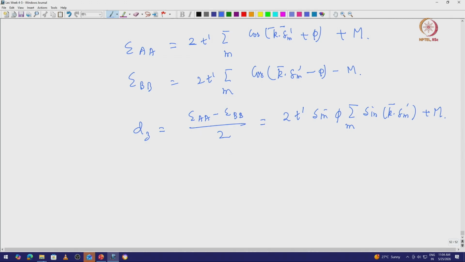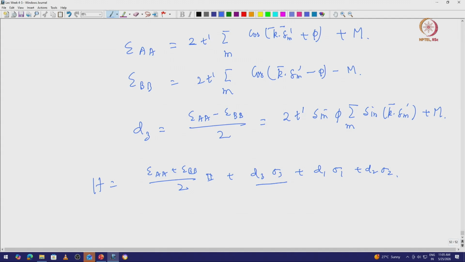and there will be a trace term or constant term that we can work out. The Hamiltonian then would be plus D3 sigma 3, we already have D1 sigma 1 and D2 sigma 2 from the hopping between different sublattices, which gave us the Dirac cone.